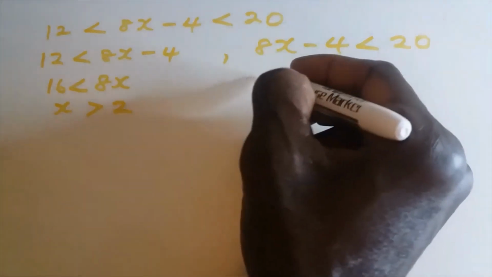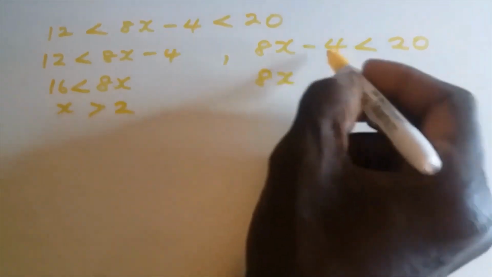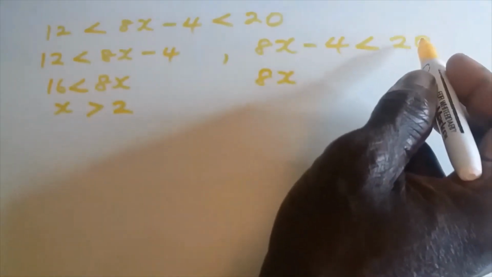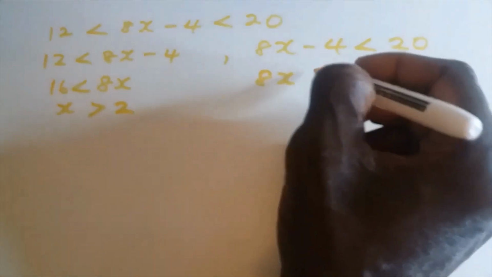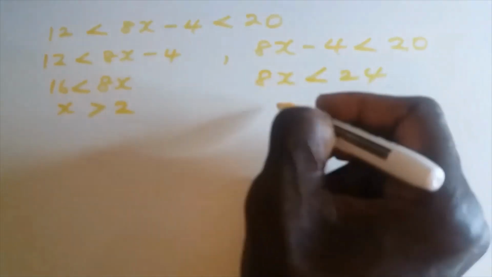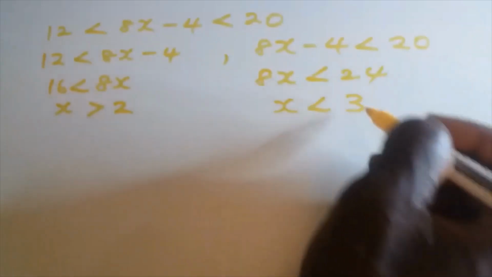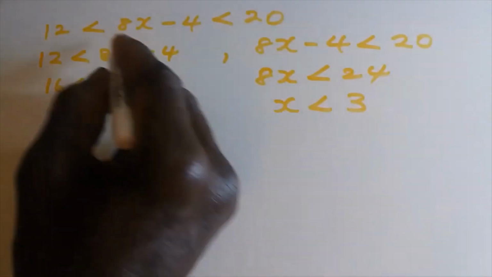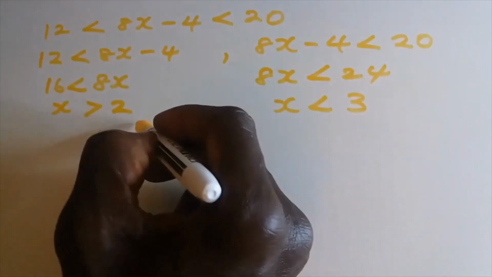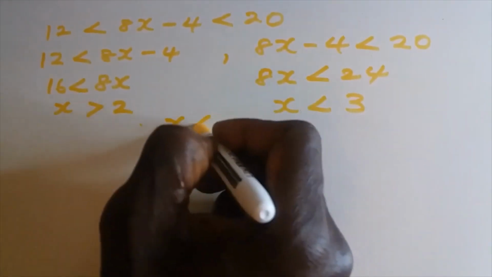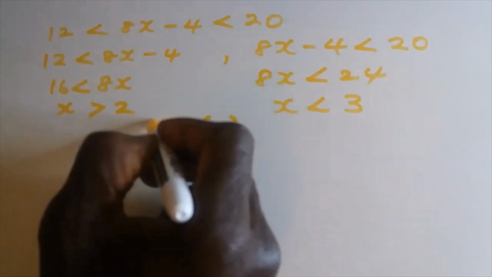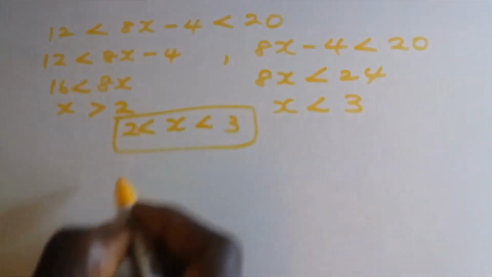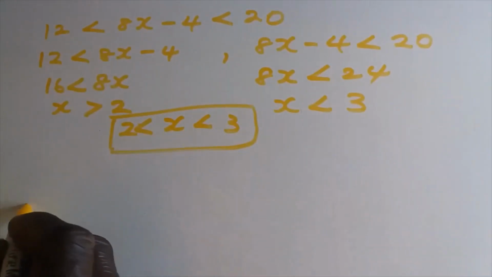And here we have 8x, this becomes a positive 4 if you move it on to the right hand side, so 8x is less than 24, so x must be less than 3. So this inequality has been reduced to x less than 3, x greater than 2, which is this inequality.